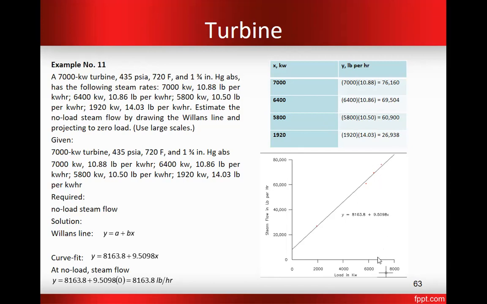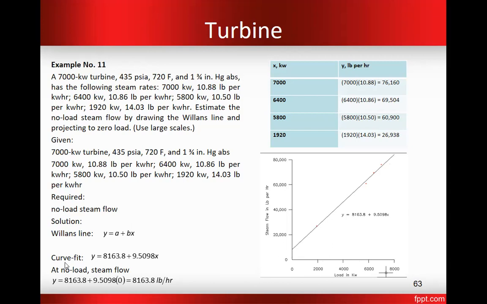Naman 6,400 andito. Dapat accurate yung drawing niya, kasi pag dito pa lang may iba sa inyo, hindi na equal ang spacing. Okay? Dapat equal kasi equal lang value ng increment. Tapos, i-curve fit niya, gagawa kayo ng straight line niya. So, makuha niya ng value dito.